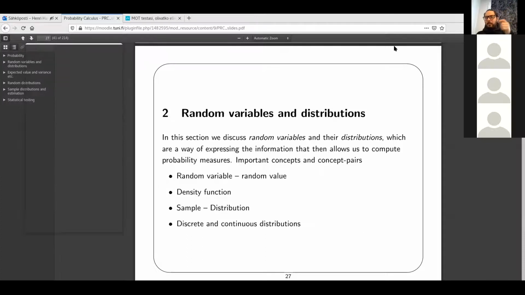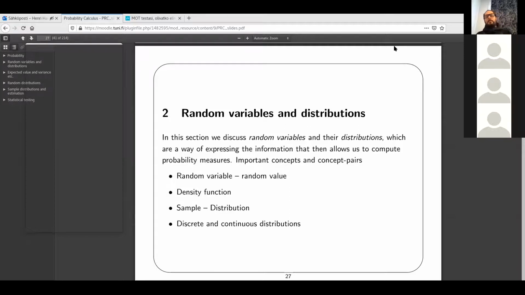The random variable is the mathematical object, described by the fact that it tells me something about the distribution of how the die rolls are distributed. Whereas the random value is the single value that you get when you roll the die, the outcome of the die roll. We'll talk about this. All right.